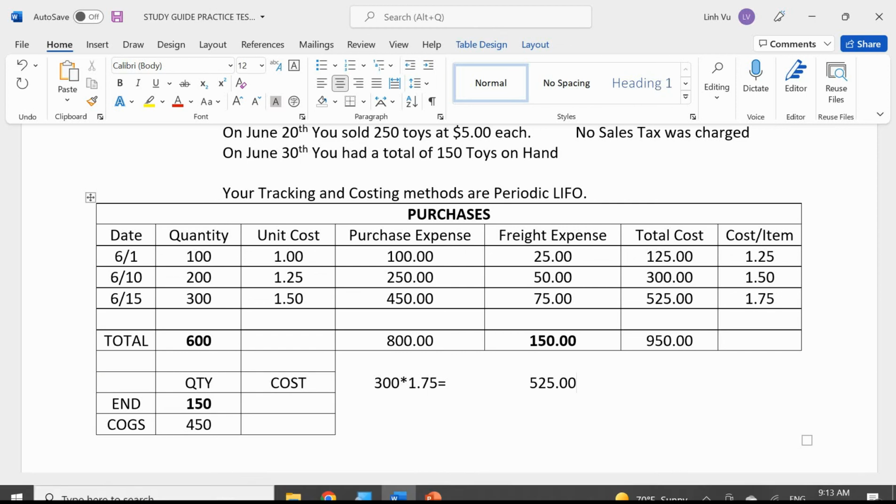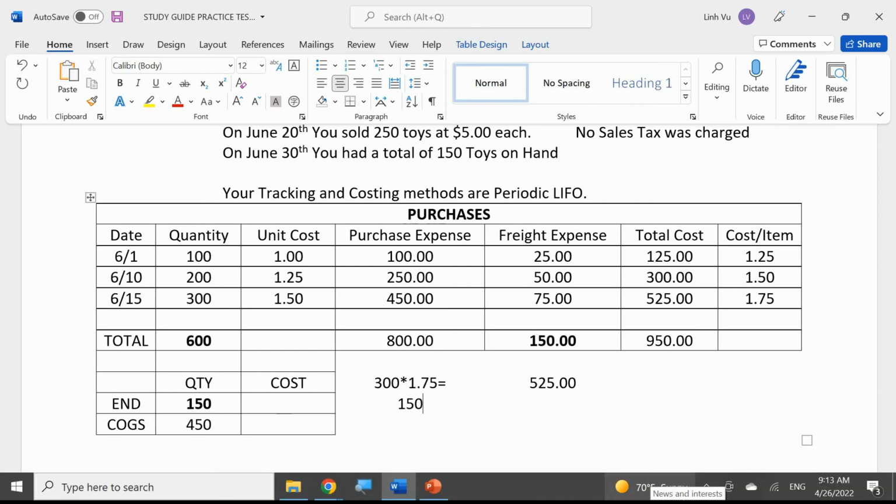So which batch of inventory are we going to take out from next? The 200, right? 200 is going to cost me $1.50. Okay? So 150 times $1.50, sorry, 150 rather than 200. 225.